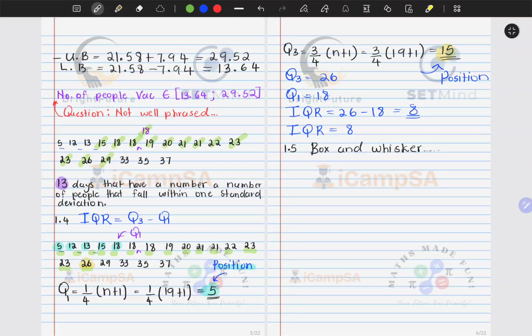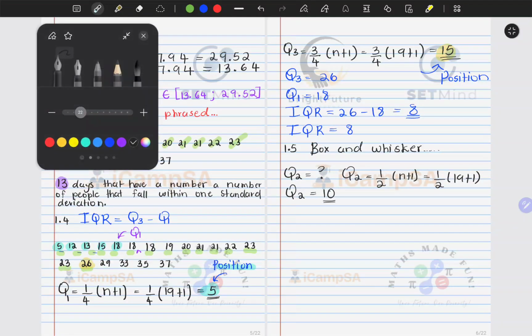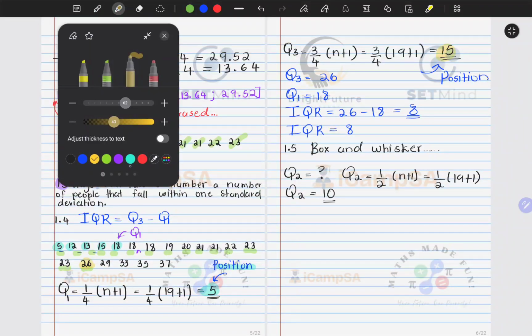Something that's very important that we forgot to figure out was Q2. What is Q2? We can start by looking for the position for Q2, which is just half of n plus 1. So that's half of 19 plus 1. Our Q2 will be based on position number 10. Let's go and find that.